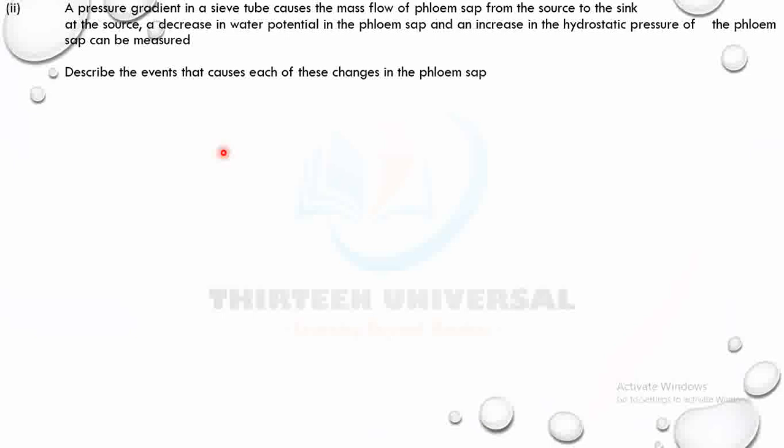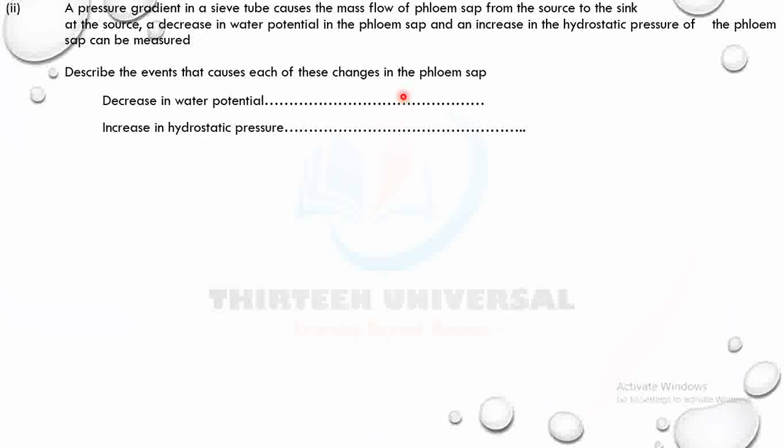A pressure gradient in a sieve tube causes the mass flow of phloem sap from the source to the sink. At the source, a decrease in water potential in the phloem sap and an increase in the hydrostatic pressure of the phloem sieve tube can be measured. Describe the event that causes each of these changes in the phloem sap.